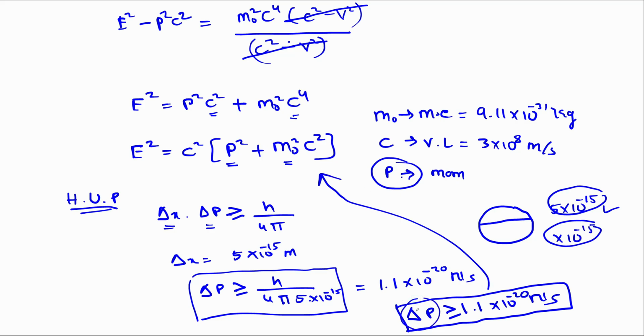Now you can't substitute the same thing in the above equation because here we have delta p, which we got by considering delta x, the uncertainty with the momentum. So to remove the uncertainty in the momentum, instead of writing delta p, we can write p greater than or equal to 1.1 into 10 to the power minus 20 Newton second.